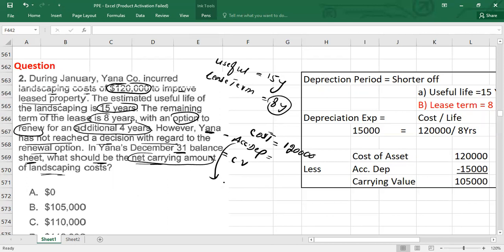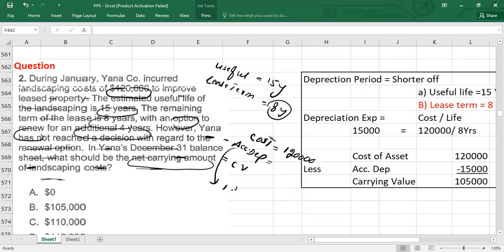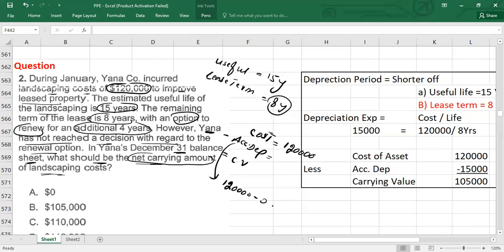To calculate the depreciation, we can assume here we are using the straight line method because only life is given. So what you will do, you will take the cost of the asset, which is 120,000. There is no residual value, so you will put 0 here, divided by the shorter of the useful life, which is 15 years, and the lease life, which is 8 years. So the shorter period is 8 years.